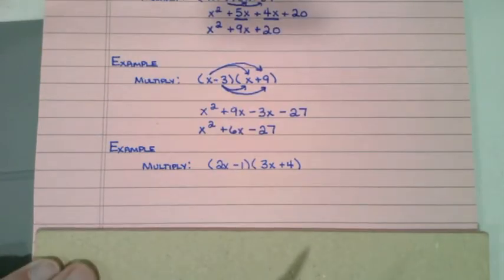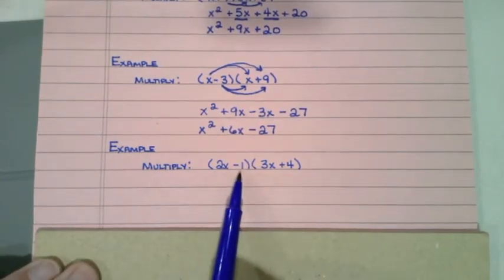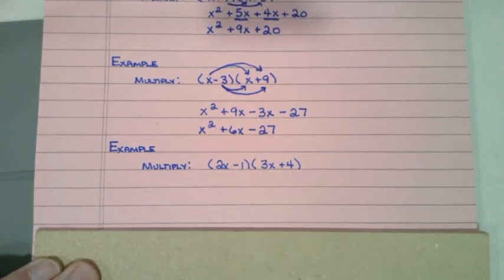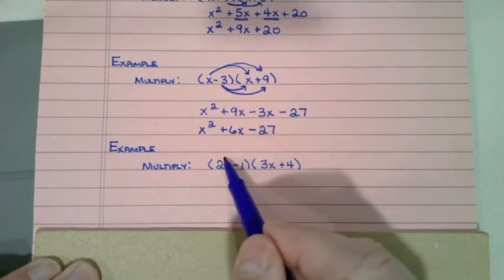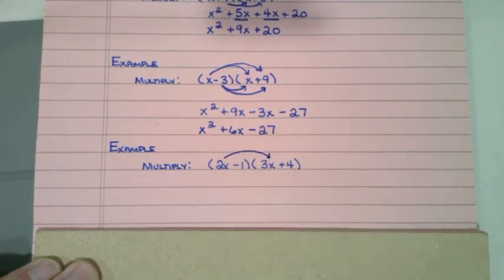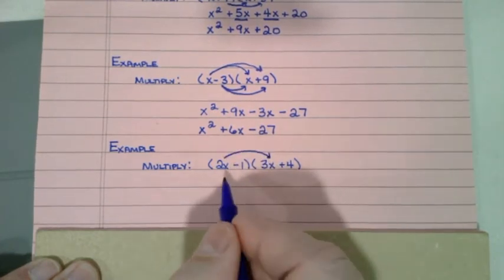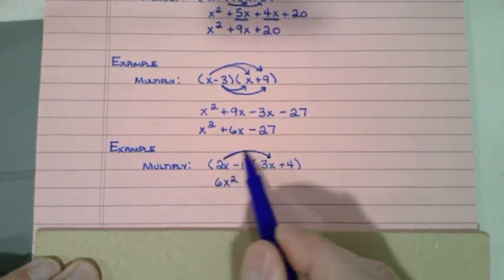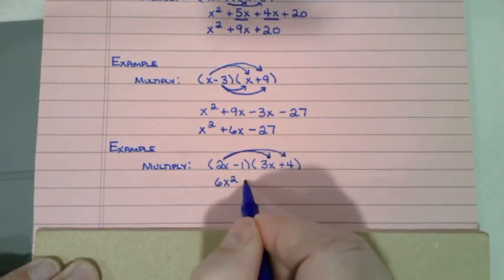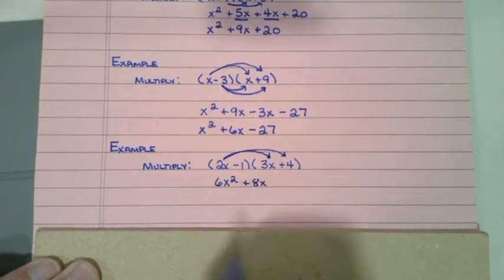Next example. Again, I'm going to take each term in this set of parentheses and multiply it to each term in the next set of parentheses. I'm going to take this 2x and multiply it to each one, starting right there. 2x times 3x, 6x squared. 2x times 4, positive 8x.